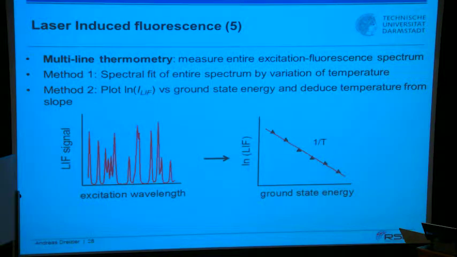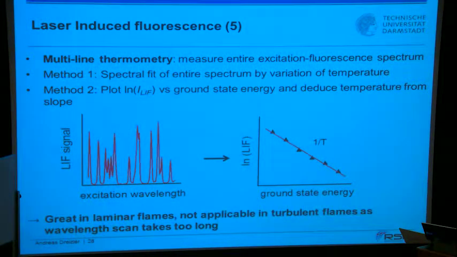Or method number 2 is if you plot your peak intensities logarithmically over the ground state energy, you get a slope which is proportional to the inverse temperature. Still, you have the problem here that the different states might have different lifetimes, and it would need a lot of effort to correct for that influence.